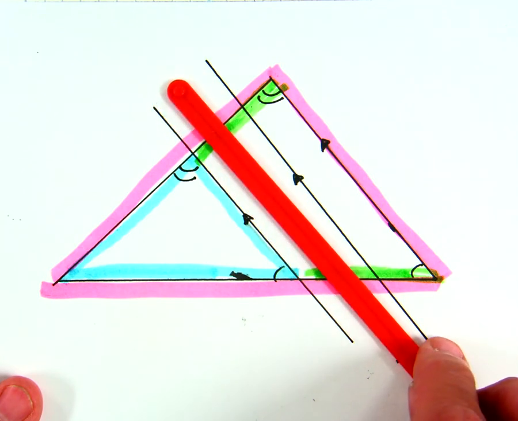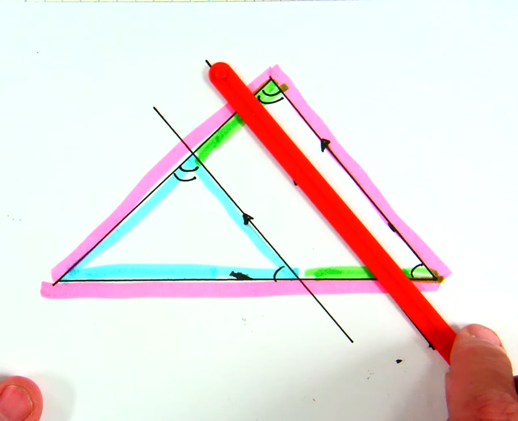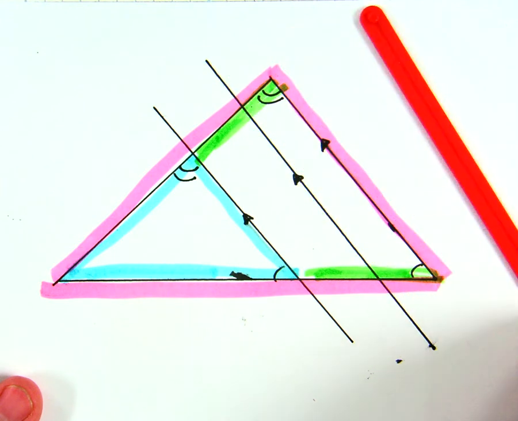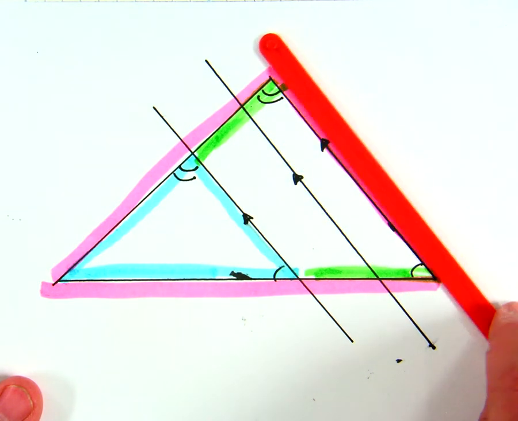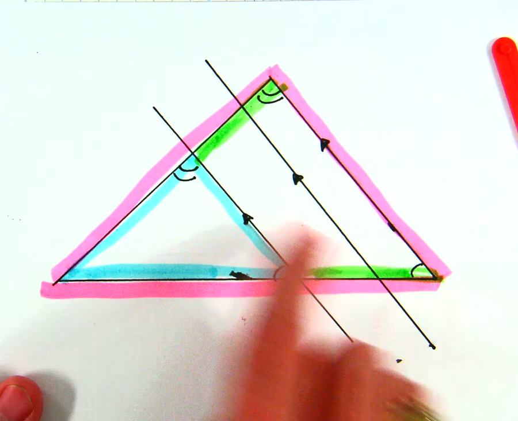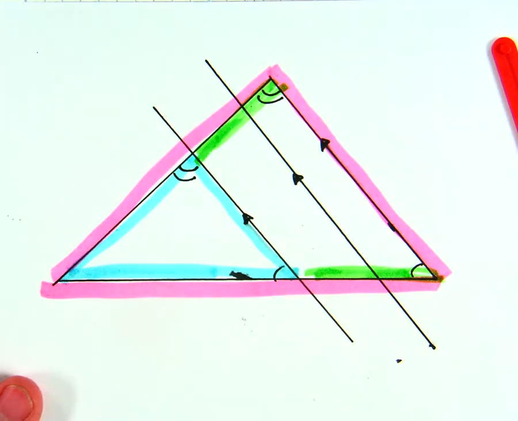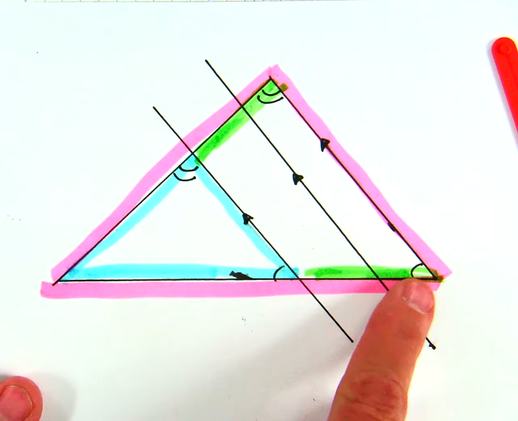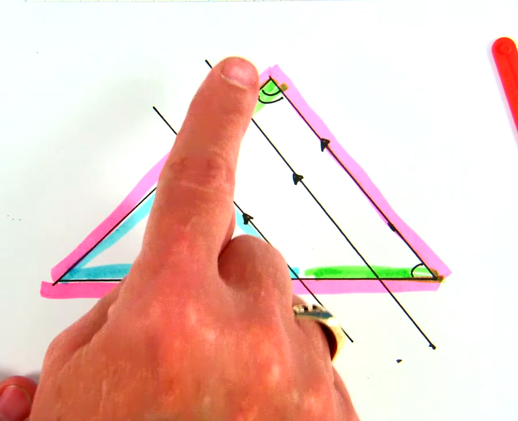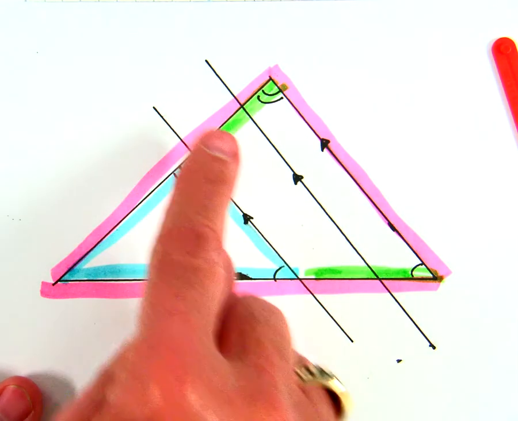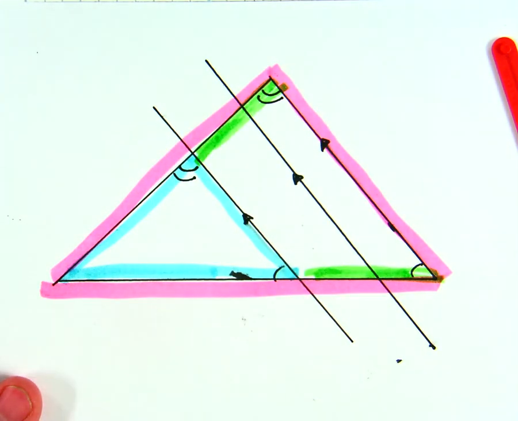Oh, wait, it's the same rate, so they are in the same proportion. So from here to here to here, these pieces are going to remain in the same proportion. So we'll have this is to this, as this is to this, top green piece, bottom green piece, top green piece, bottom green piece.